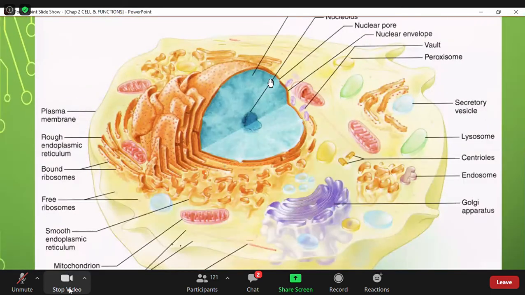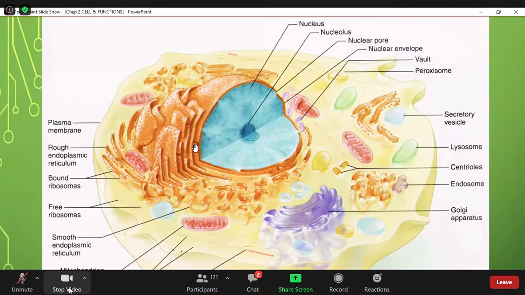This whole thing is the nucleus, and inside the nucleus, okay? And this is surrounded by a plasma membrane, your cell.